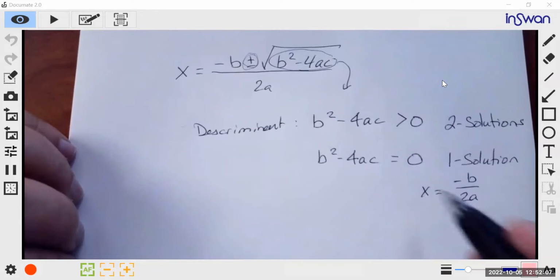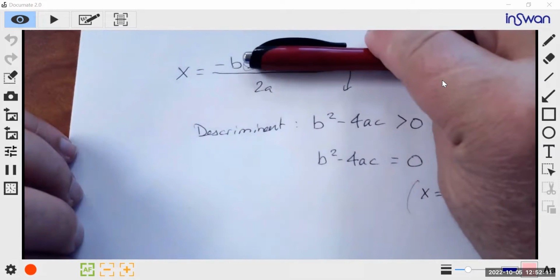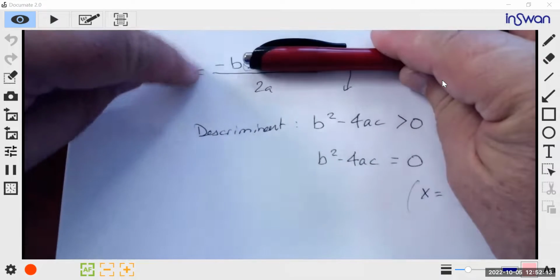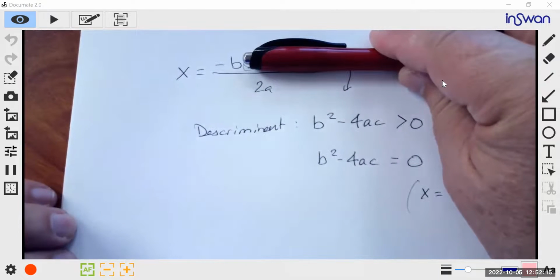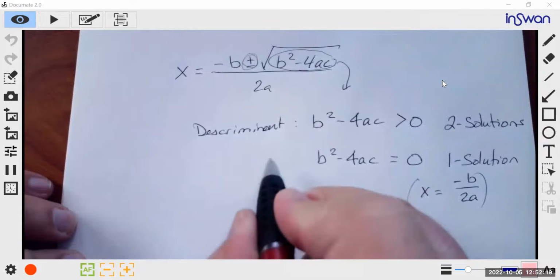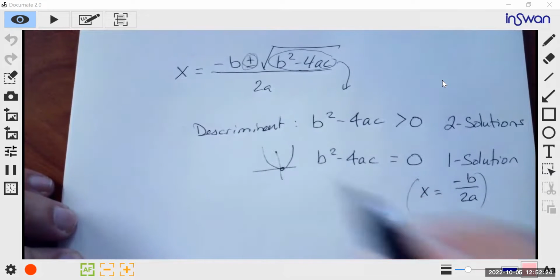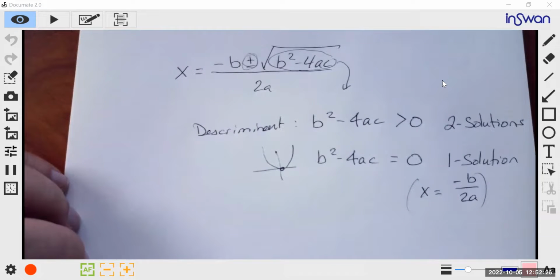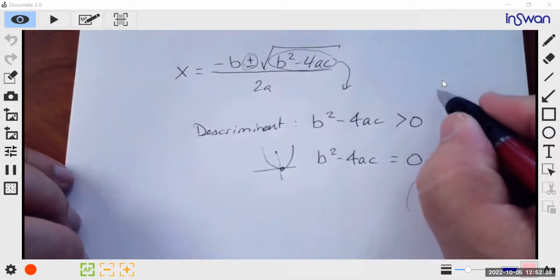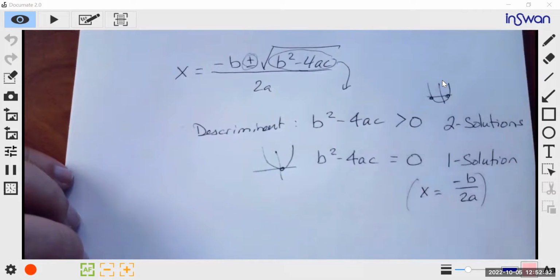Remember this equation too, because we'll need that in a second. So if this radical is 0, all we have left is negative b over 2a. That means you only have 1 solution. That's that. If we have 2 solutions, that means the graph crosses the x-axis at 2 points.